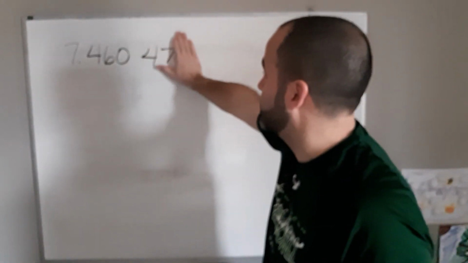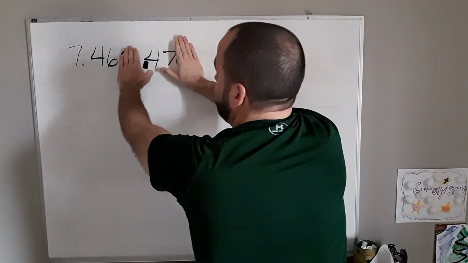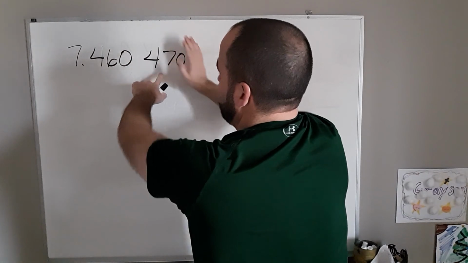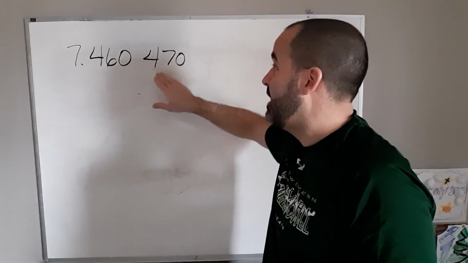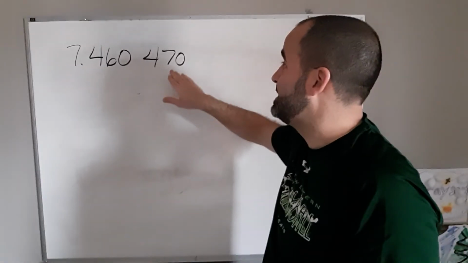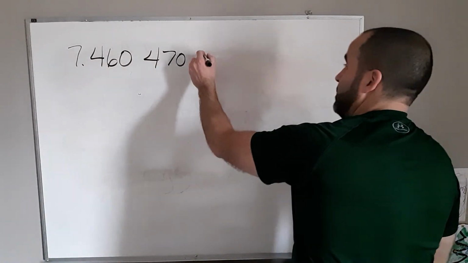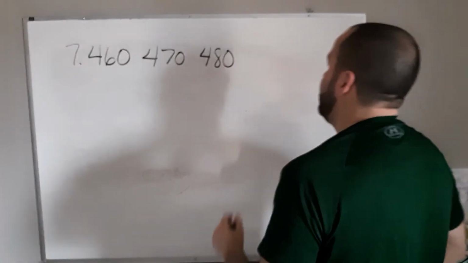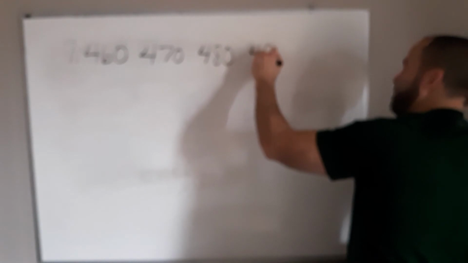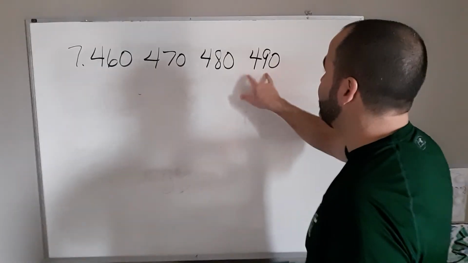I can cover up the 0, and I can see I'm counting 46, 47, because what I really have is 46 tens or 47 tens. We just say 460 and 470, but what comes next after 47 is 48 with a 0 behind it, which is 480, and then 49 with a 0 behind it, or 490.